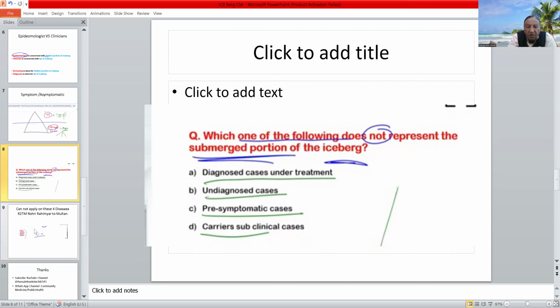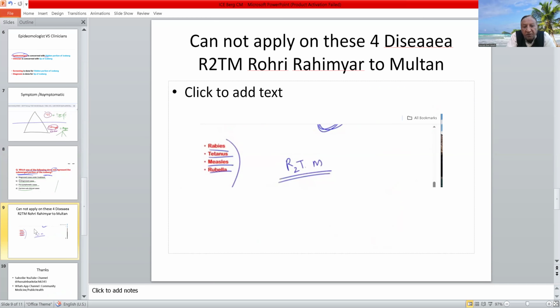And here you can see that there are at least four diseases where the iceberg phenomena will not apply: rabies, tetanus, measles, and rubella, because they are so apparent.